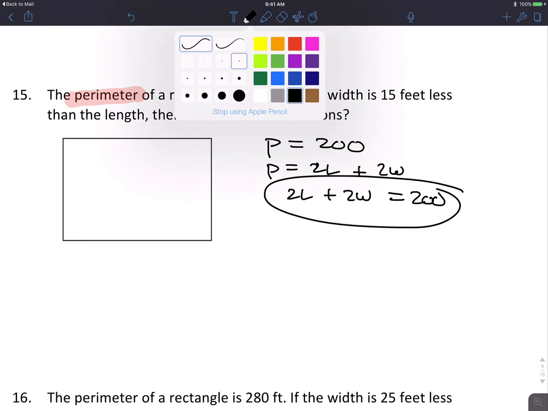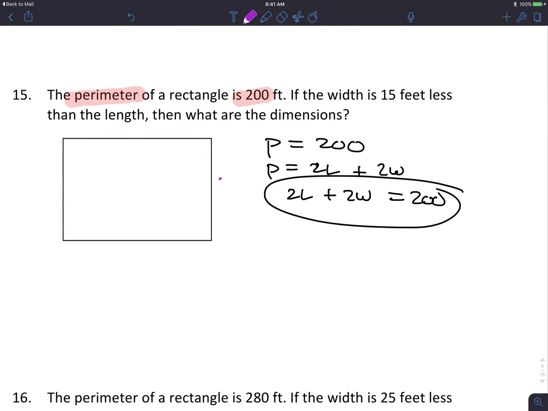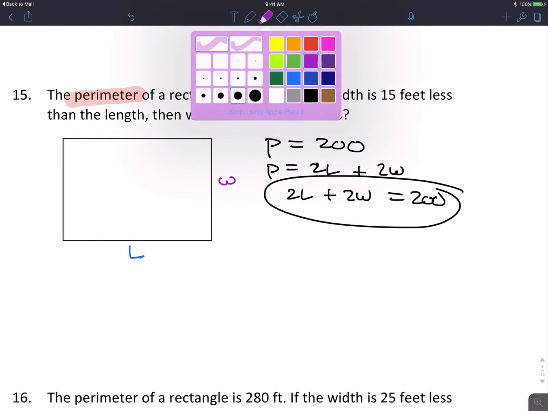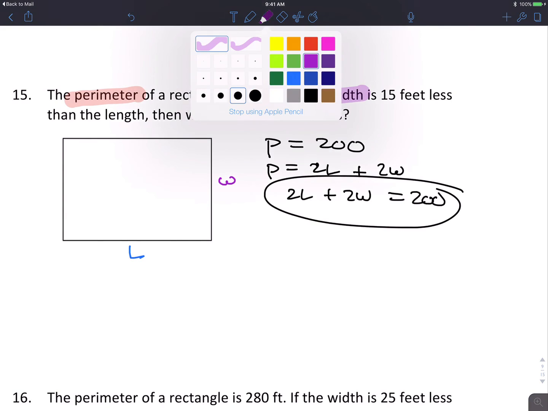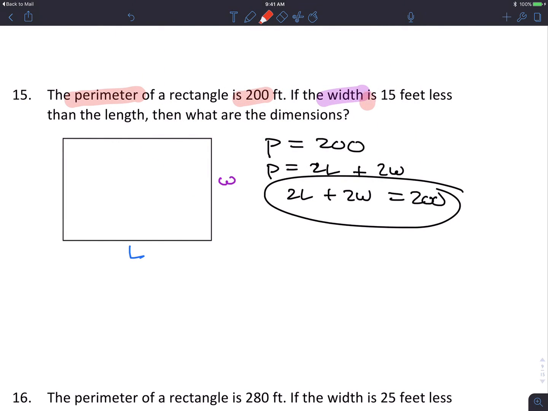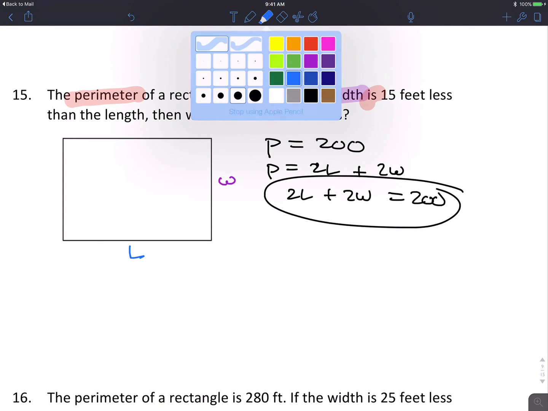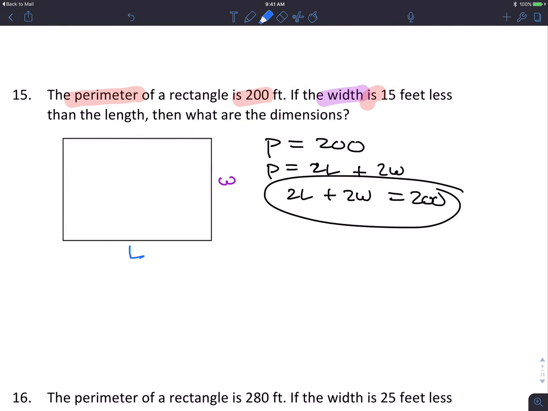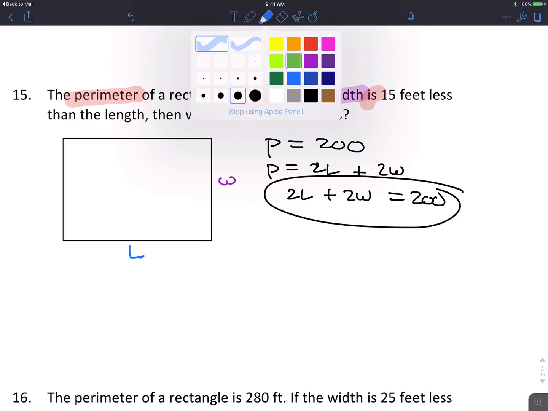Now let's see what everything is. My width is W. Okay. My length is L. So again, we have this phrase called less than.